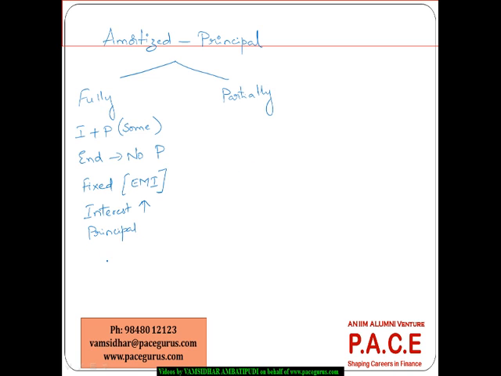So what we would logically see is the interest component keeps falling like this, the principal component keeps rising like this, whereas the total amount that is getting paid, which is a summation of these two, will remain flat.